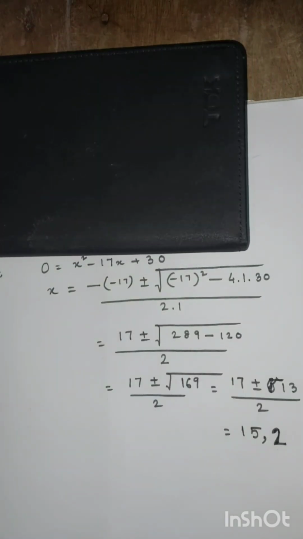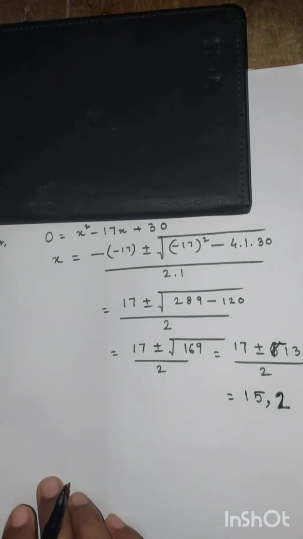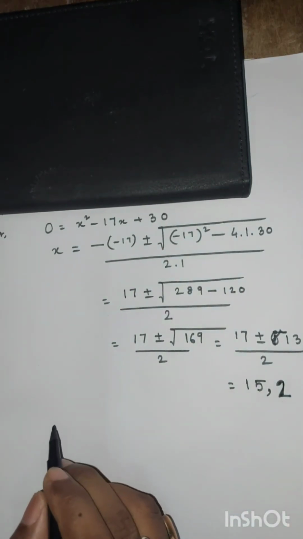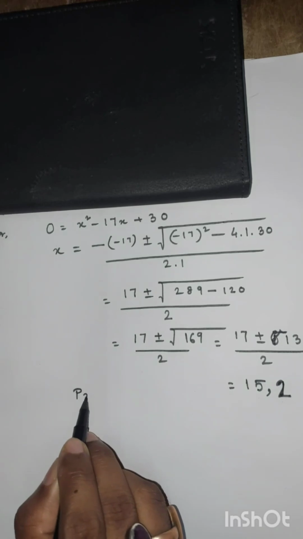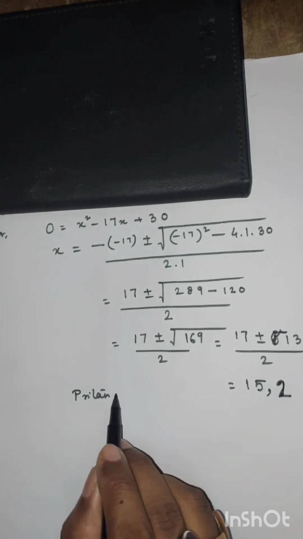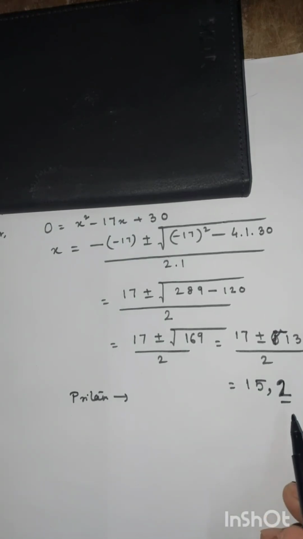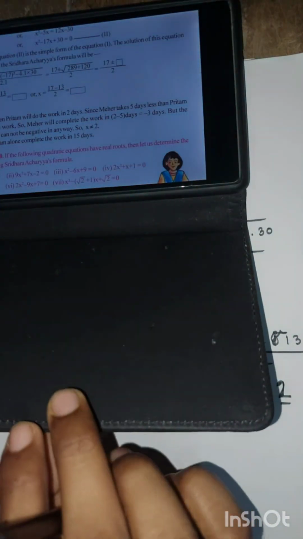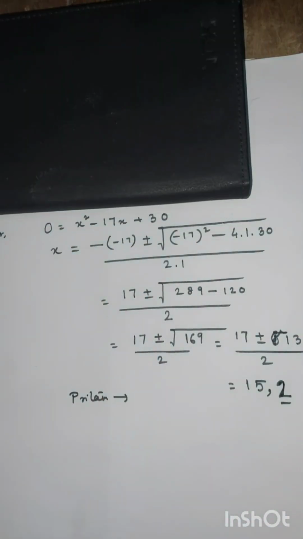But x cannot be 2, because if Pritam takes 2 days, the other person, Meher, will take 2 minus 5, that means minus 3 days, which is not possible.